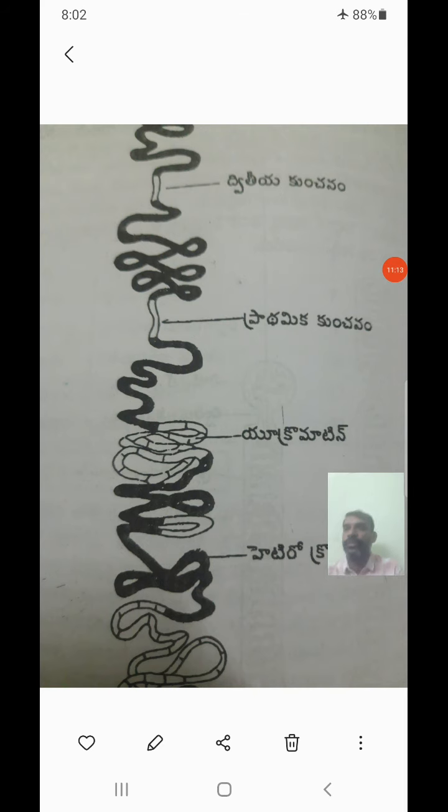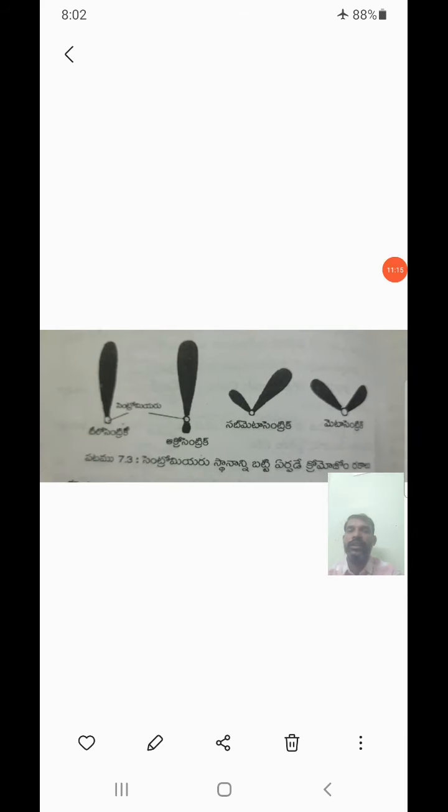If the centromere is absent, it is called acentric. If one centromere is present, it is monocentric. If two centromeres are present, it is dicentric, and more than two is polycentric. Holocentric means the centromere is not clearly visible.